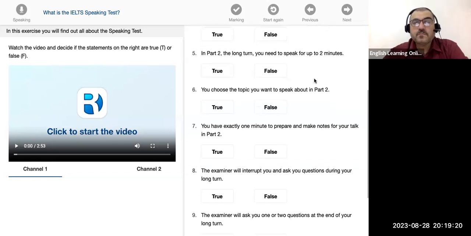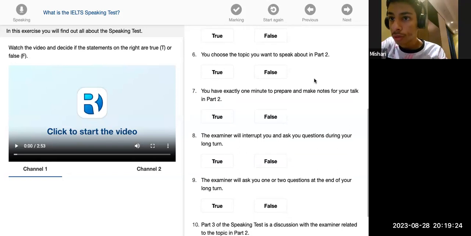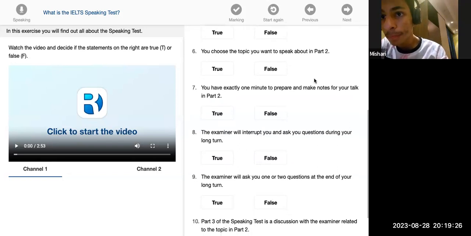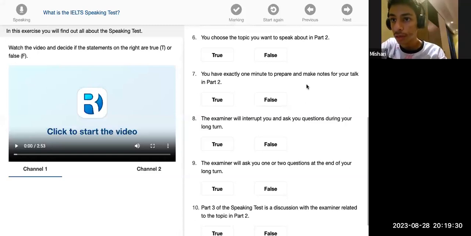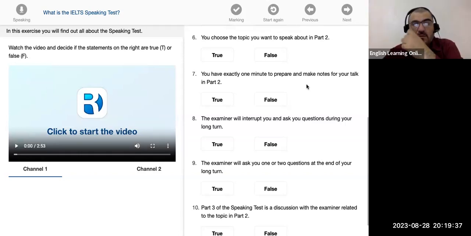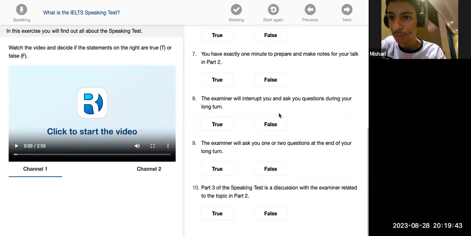You choose the topic you want to speak about in part two. You have exactly 1 minute to prepare and make notes for your talk in part two. You can make notes. The examiner will interrupt you and ask you a question during your long turn.